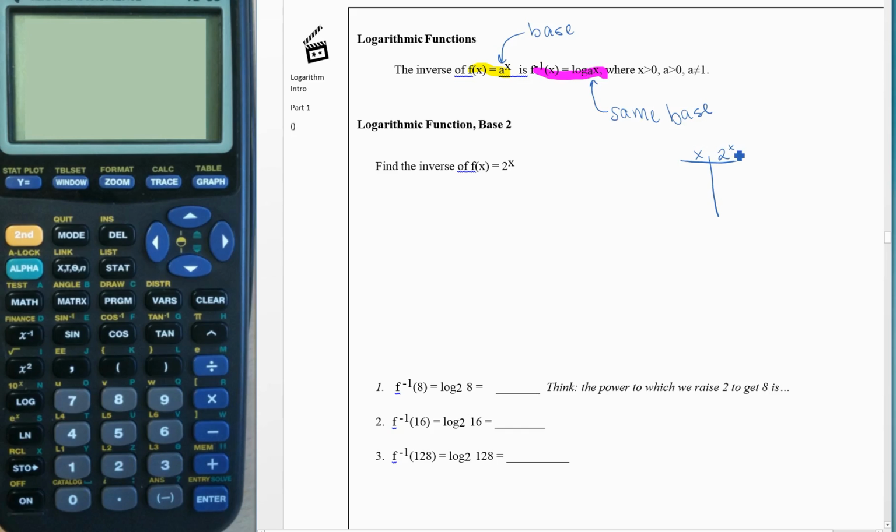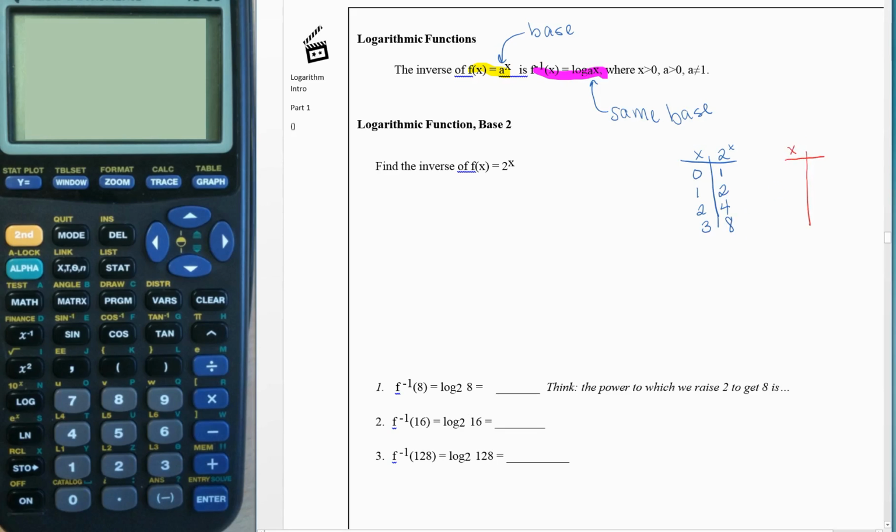So if we write it as tables, 0, 2 to the 0 is 1. 1 would be 2 to the first power, which would be 2. Plugging in 2, we'd have 2 squared, which would be 4. And 3 would be 2 cubed, which would be 8. Well, now we need a new function, our inverse function.